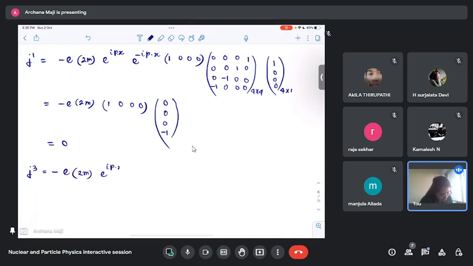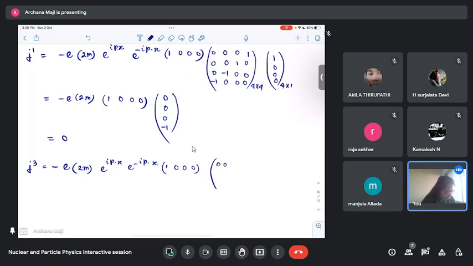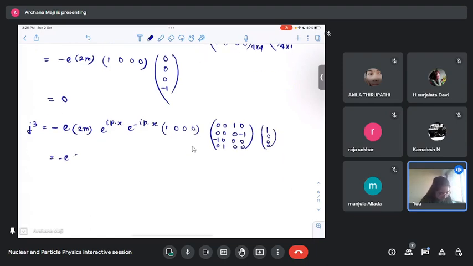exponential I p dot x, 1 0 0 0, and then gamma 3 is 1 0 0 minus 1 minus 1 0 0 1, minus E times 2m.